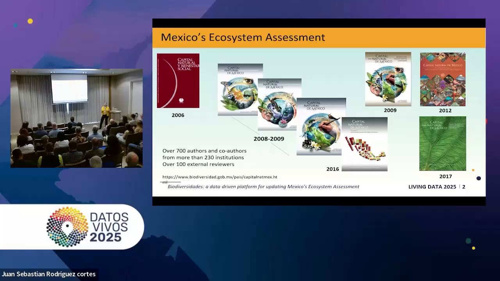We also need to provide advice to the government and to make biodiversity information available for many different publics, not only the government, but we have developed materials even for children to raise awareness about biodiversity.